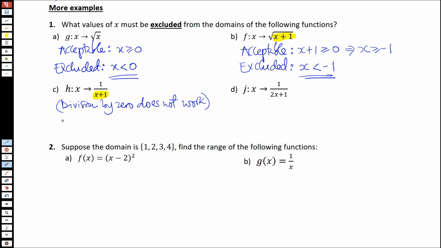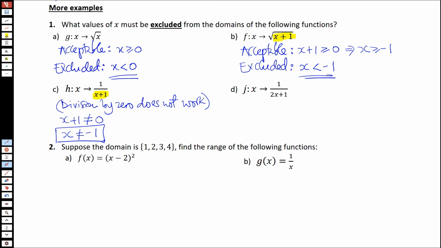So x plus 1 cannot be equal to 0. If we think about this as an equation and you're solving for x, if you bring 1 here, you'll have x cannot be equal to negative 1. That's what has to be excluded, because when x is equal to negative 1, you'll end up dividing by 0, and therefore that will be a disaster.